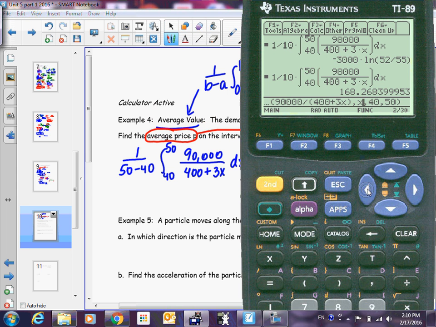You used 40 and 50? Did you do 1/10? Yes. Okay. Yeah, so you could divide by 10 at the end, or you could do 1/10.